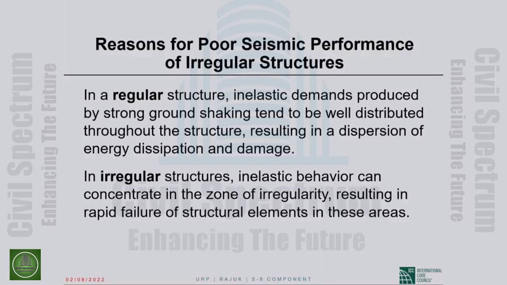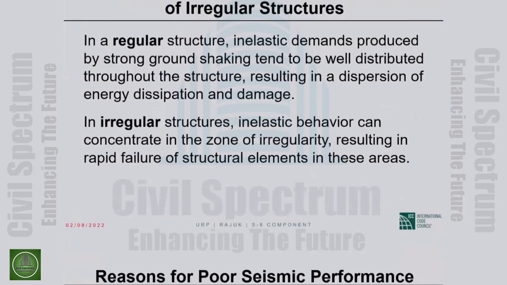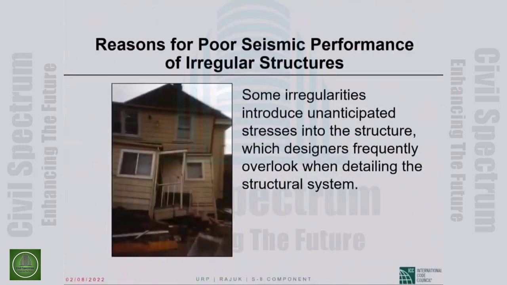In irregular structures, inelastic behavior can concentrate in the zone of irregularity, resulting in a rapid failure of structural elements in these areas. This is the difference between regular and irregular buildings.